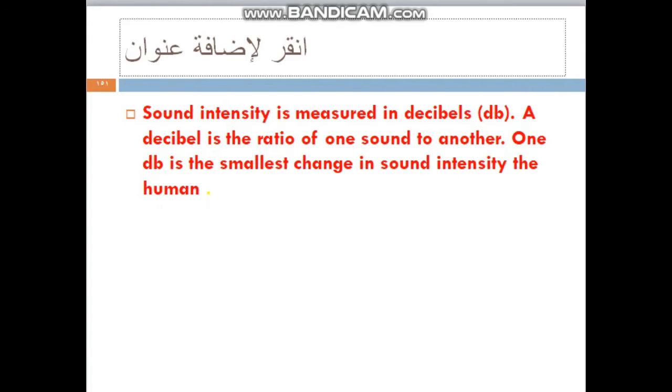Sound intensity is measured in decibels. A decibel is the ratio of one sound to another. One decibel is the smallest change in sound intensity the human ear can detect.